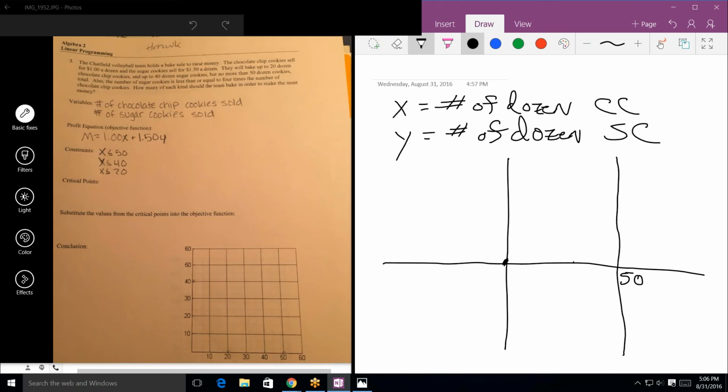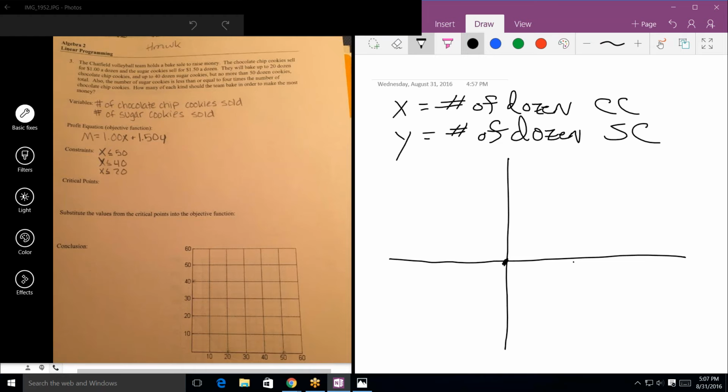Well, so far, let's see. They will bake up to 20 dozen. So no, X has to be less than or equal to 20. And then I said Y is less than or equal to 40, and X plus Y has to be less than or equal to 50. Let's start out by writing those constraints out again, because you didn't quite do it right.